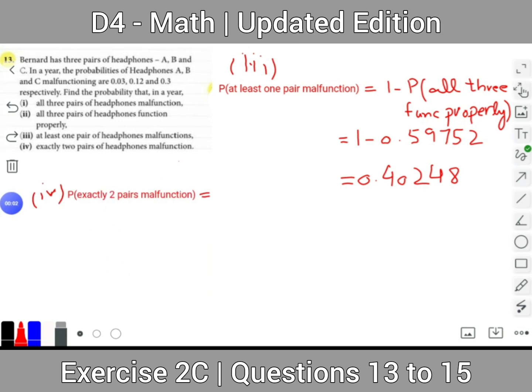Now in part 4, we have to find out the probability that in a year exactly two pairs of headphones malfunction. So for this we have three possibilities.